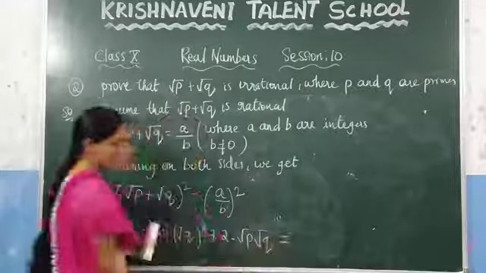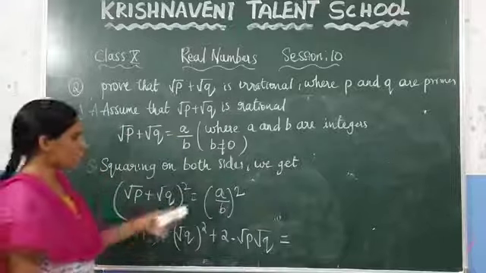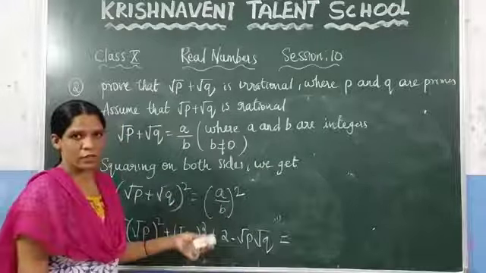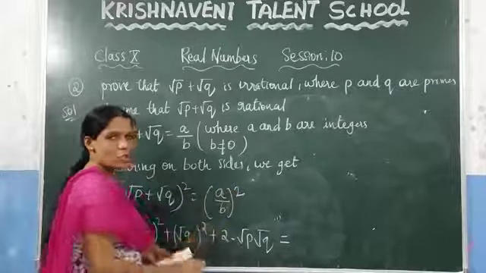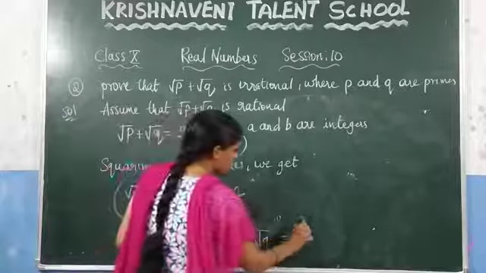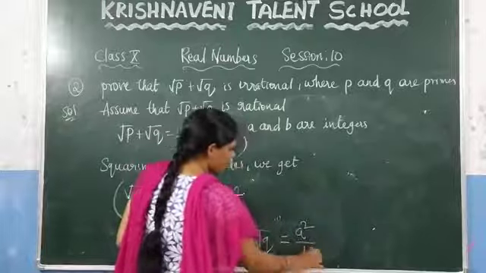We expanded in the form of a plus b whole square. The right side is in the form of a by b whole square. You know that this square is applicable to both of these numbers. You can write it as a square by b square.